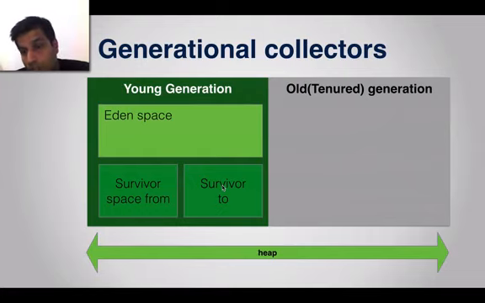Then you have the old generation, which holds objects that survive for a long time and are promoted into it. Suppose you created a cache in your application, which is supposed to stay there for the application's entire life. Initially it's created in the Eden space, then moved to survivor space, and after surviving many cycles of garbage collection, that cache object is moved to the old generation, where it stays.